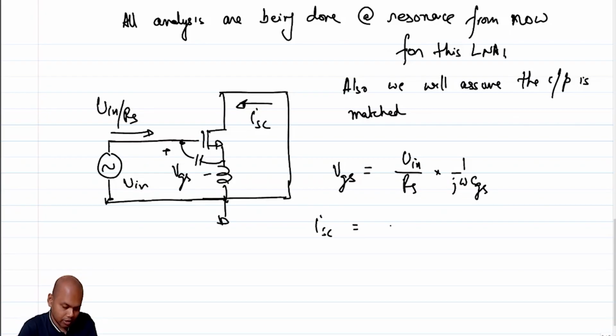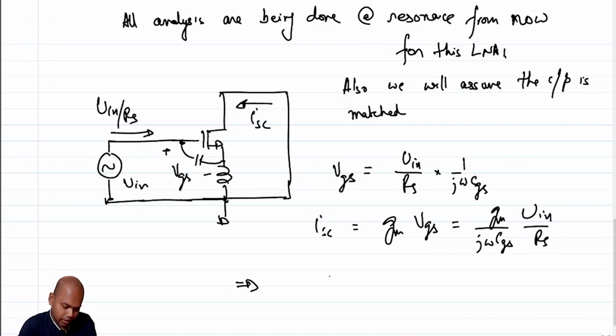So ISC is GM times VGS, which is GM by j omega CGS times V in by RS, which means that your ISC by V in, which is effectively the transconductance of this contraption, is GM by j omega CGS, which is omega t by omega by RS.